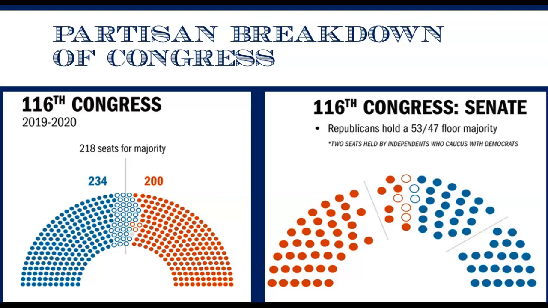And if you look over here in the Senate, you see the Republicans hold a 53 to 47 majority. Two seats are held by independents, but they caucus with the Democrats, so they count towards the Democrats. So there is a majority for Republicans in the Senate and a majority for the Democrats in the House. So you have to look at whether they want to compromise or not.